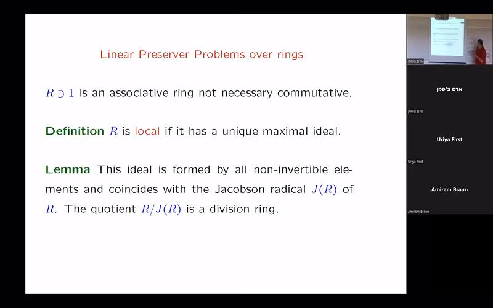This is over division rings. It is possible to proceed further on. For example, you could deal with local rings where all non-invertible elements form an ideal. So this ideal is nothing but the Jacobson radical, and the quotient is a division ring again.